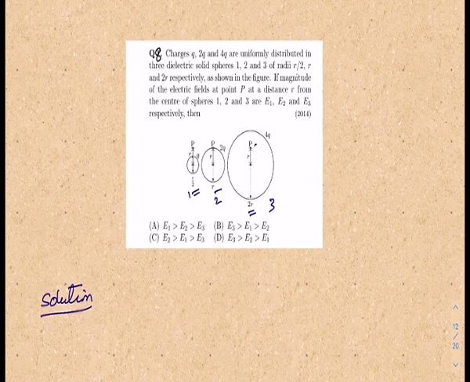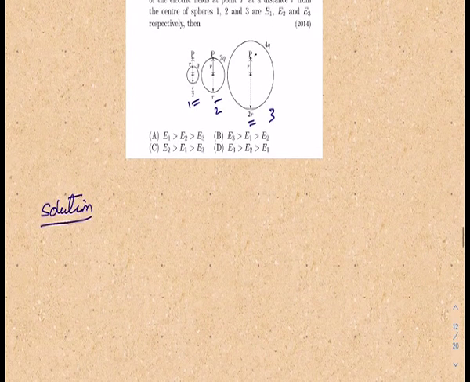If the magnitudes of the electric field at point P at a distance r from the center of spheres 1, 2, 3 are E1, E2, E3 respectively, then which are the correct options?